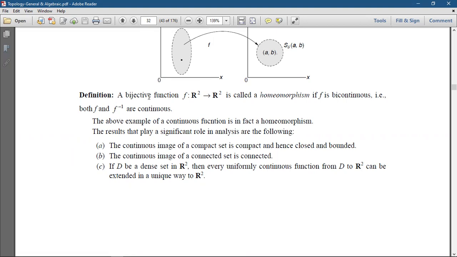A bijective function f from R square to R square is called a homeomorphism if f is bicontinuous. That means both f and f inverse are continuous. And the above example of a continuous function is in fact a homeomorphism also.